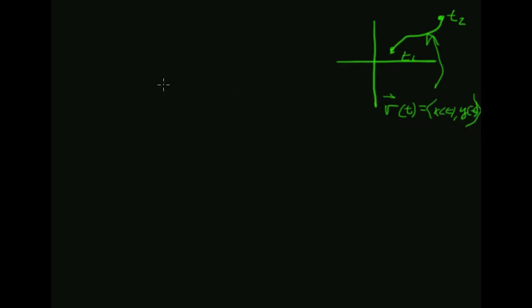Okay, so note that vector valued function, x of t, y of t, is the position vector for the particle at time t.